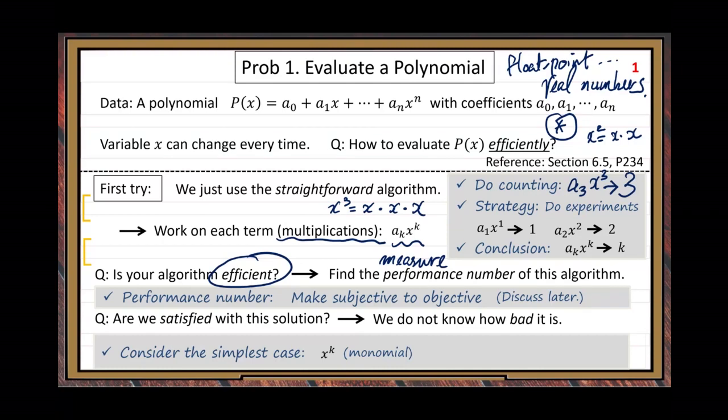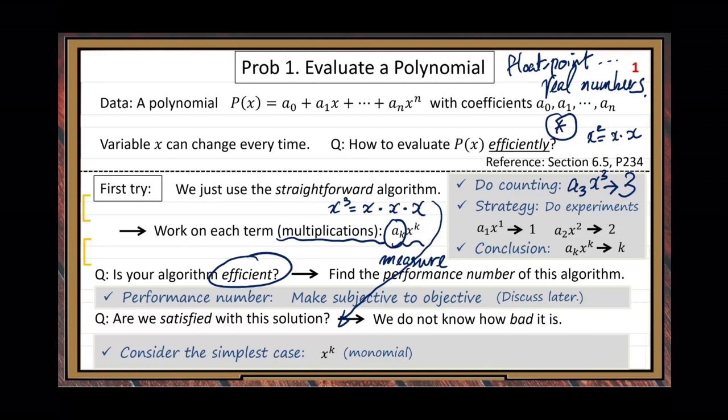To calculate the value of this representation, how many multiplications are needed? If we use our previous straightforward algorithm, we can save the last multiplication, the one with the coefficient.